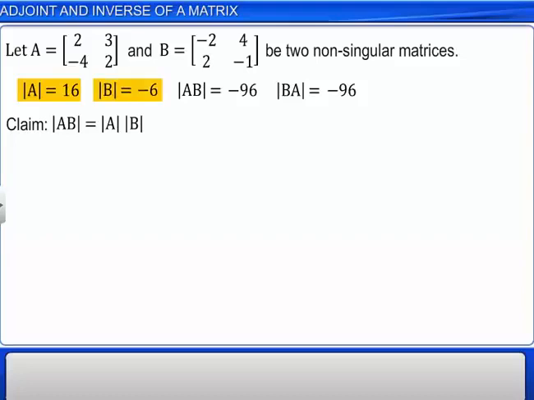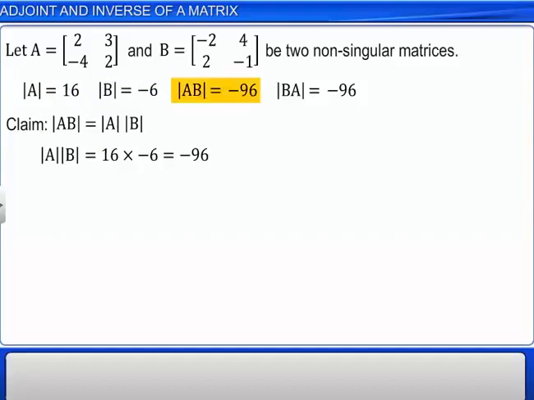So, determinant of A into determinant of B is equal to -96. And the determinant of A into B, as we calculated earlier, is equal to -96. This shows that determinant of A into determinant of B is equal to determinant of A into B.